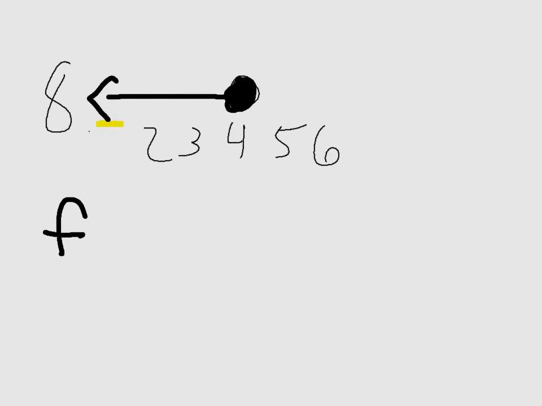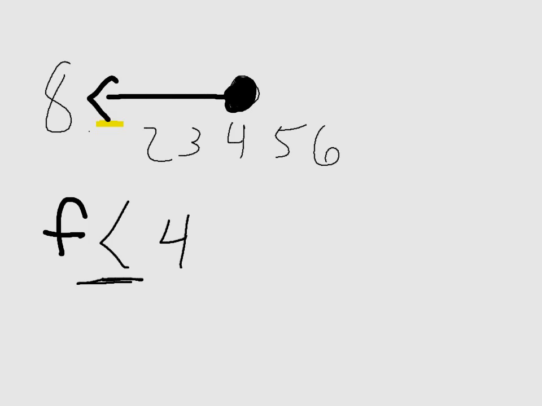So my inequality sign looks just like that, and then the number is 4. But what do we notice about our circle? It's colored in, so that means it needs to be included. How do I include 4 in my inequality? Evelyn? Put a line under it, meaning less than or equal to. So any number that's equal to 4 or smaller answers this inequality.